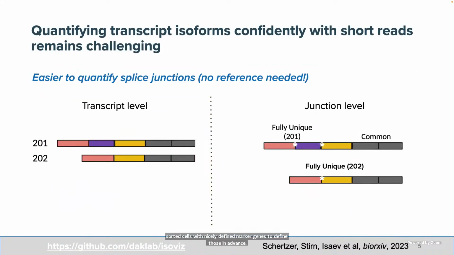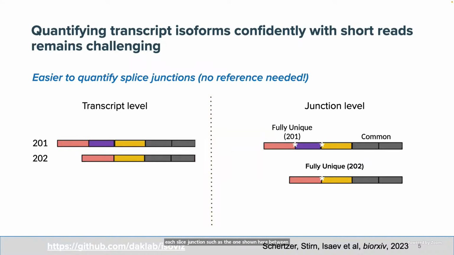To answer the first question, let's first consider that most widely used sequencing platforms give us short reads, which are not very helpful when it comes to measuring the abundance of full transcript isoforms, such as the one shown on the left. Instead, we can quantify each splice junction, such as the one shown here between the pink and purple exons, for example, on the right.